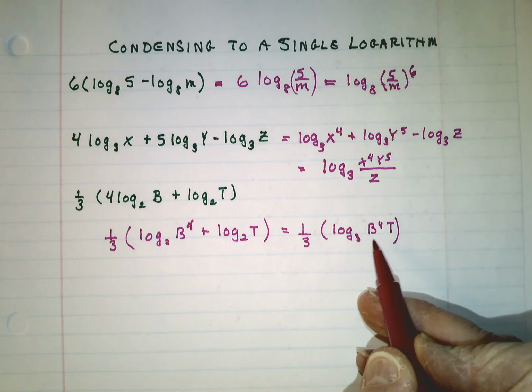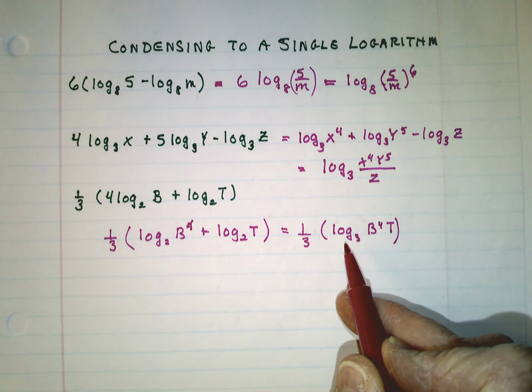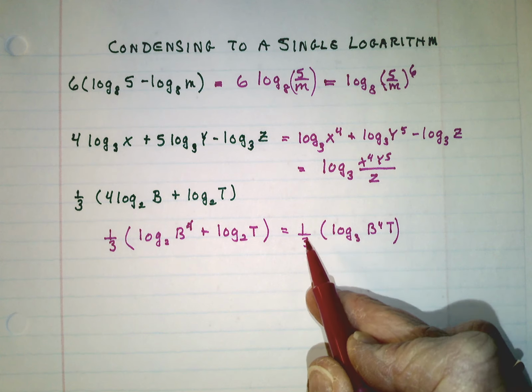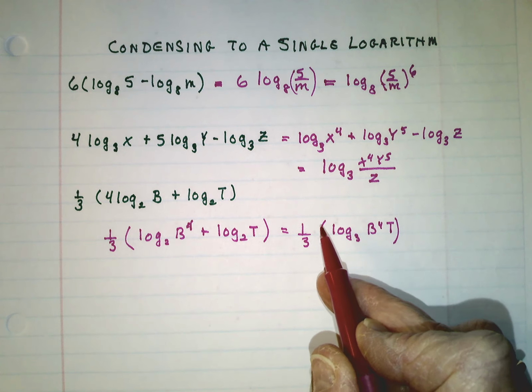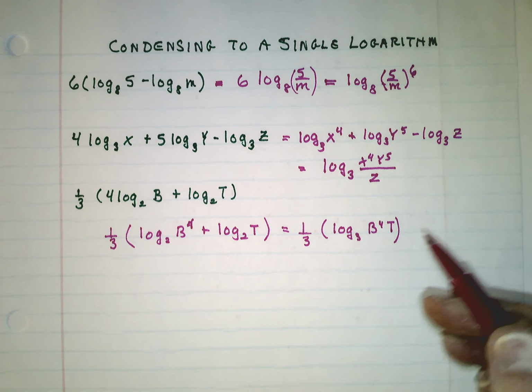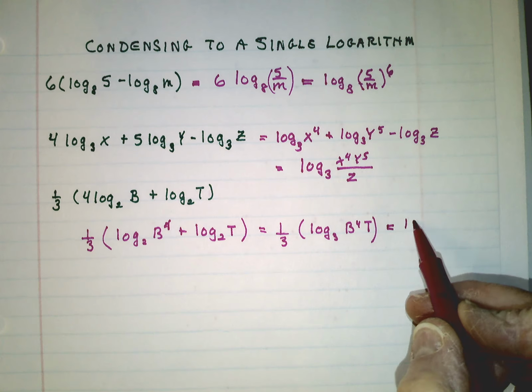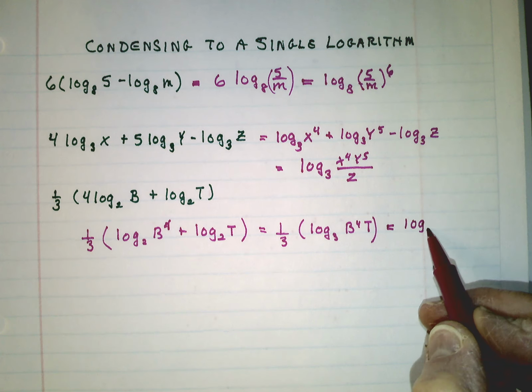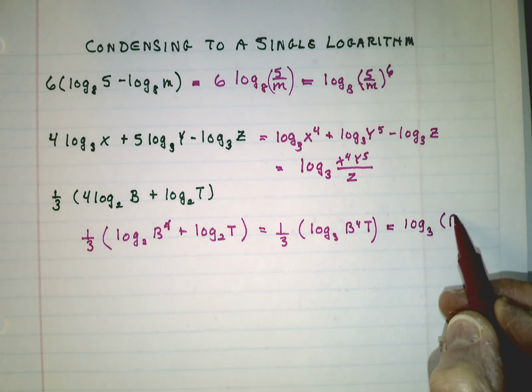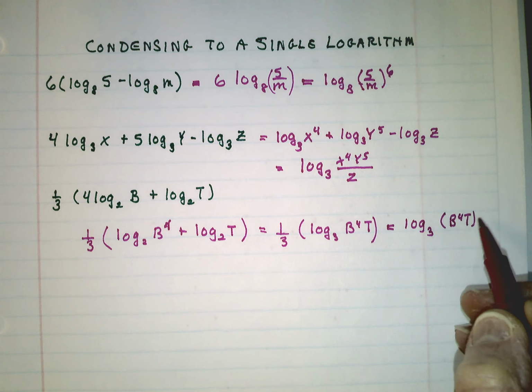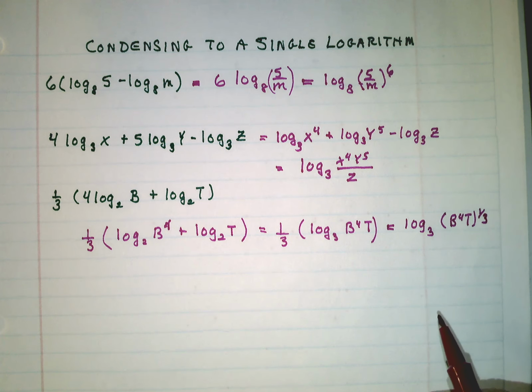And then that's as simple as the inside's going to get. But this 1/3 out front, when we multiply with logs, that means there was a power. So this would equal log base 2 of b to the 4th t raised to the 1/3 power.